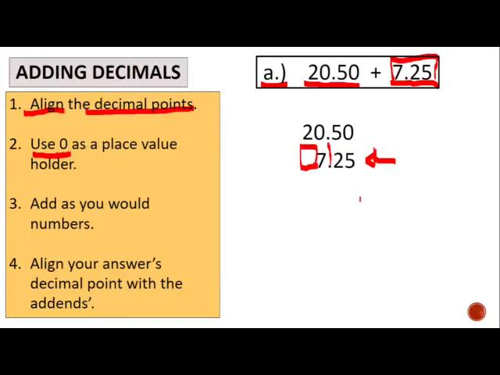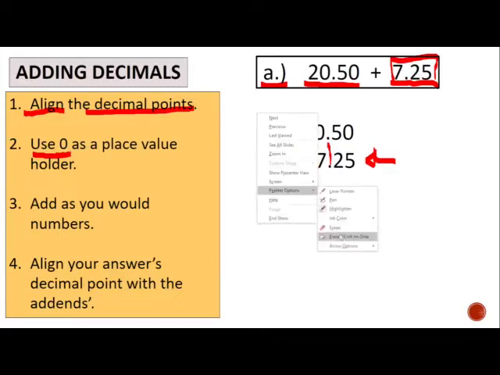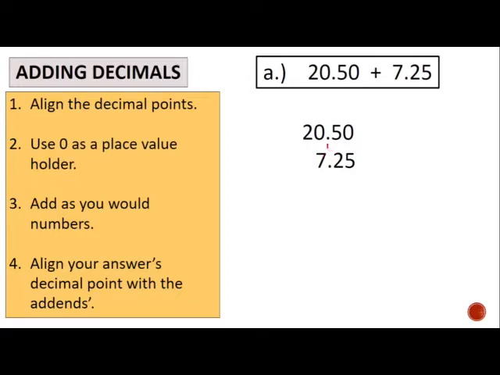Example in here, there's like a gap, right? Because take note of this class. After mong i-align yung mga decimal point dyan, make sure all numbers here ay may kapares. Mga numbers na lang dito yung may mga kapares. We should make sure that numbers have partners in here aligned with their correct partners. Same place value lahat yung mga yan dapat.